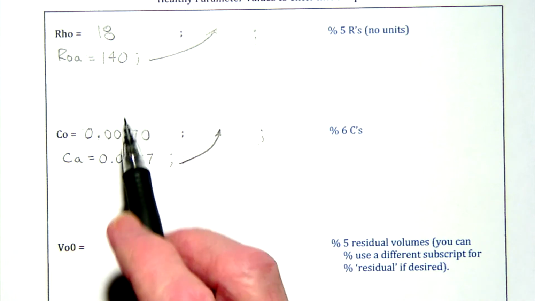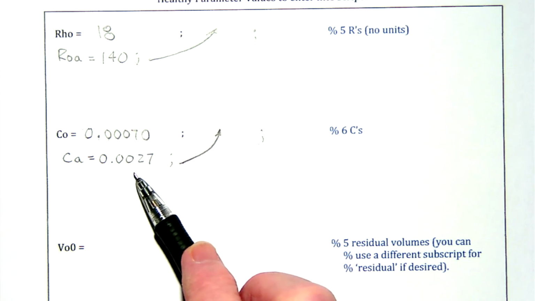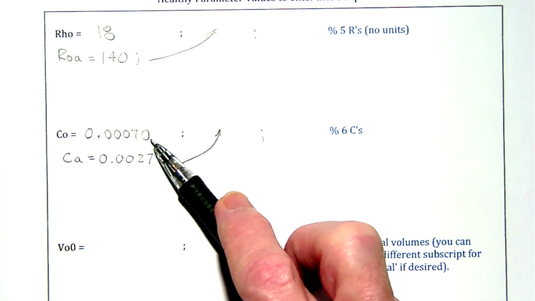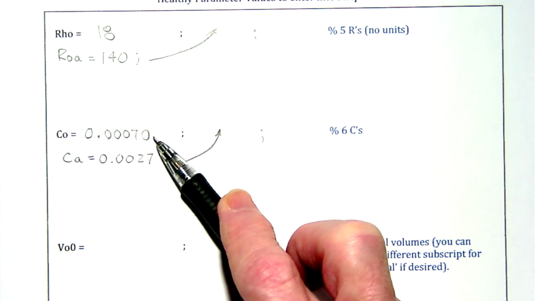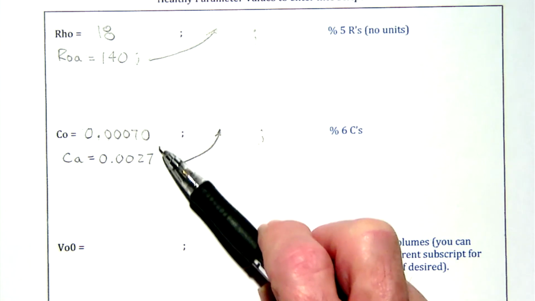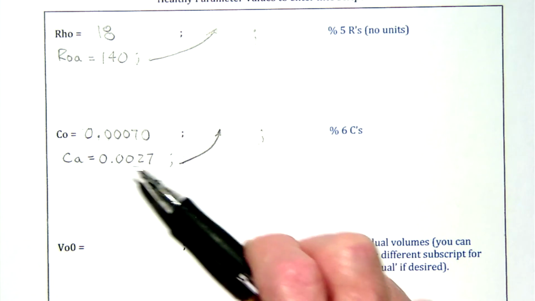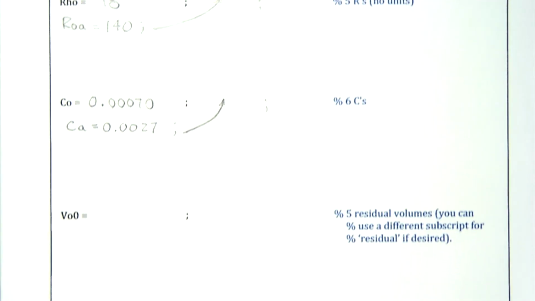It's easy to drop a 0 or 2 as you type it into MATLAB. So be careful with that. If you'd like to put this into scientific notation, this number here would be 7.0e-4. You could put everything in scientific notation if you would like. You should have all 6 of your compliances in this region here.